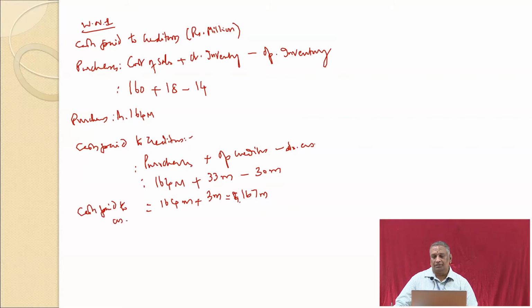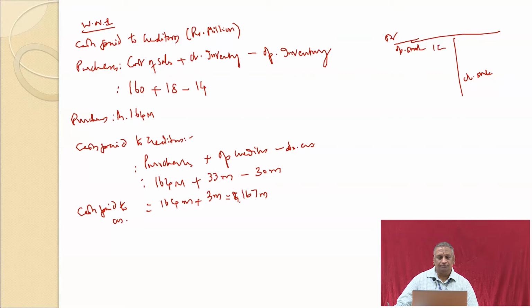So you can do this in the form of a ledger also. Stock can be taken as opening stock and closing stock, appearing on the debit as opening and credit as closing, 14 and 18. And creditors you can combine here, opening 33 and closing 30.